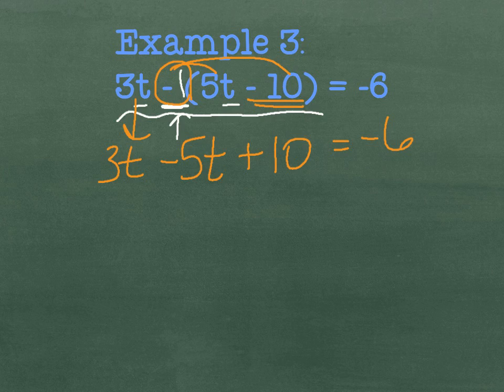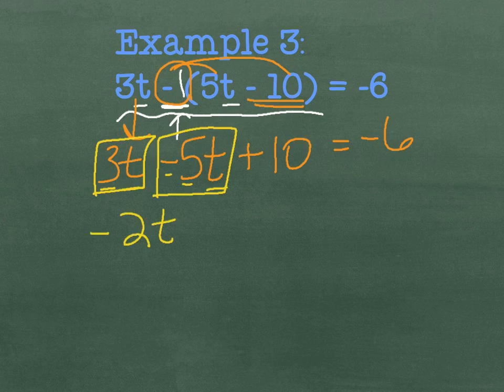I can't jump into my balancing because I still have 2 t's. So I have to combine those like terms by doing what it says, and it tells me to take 3 minus 5. 3 minus 5 is negative 2. The t goes with it. Plus 10 equals negative 6 comes down.